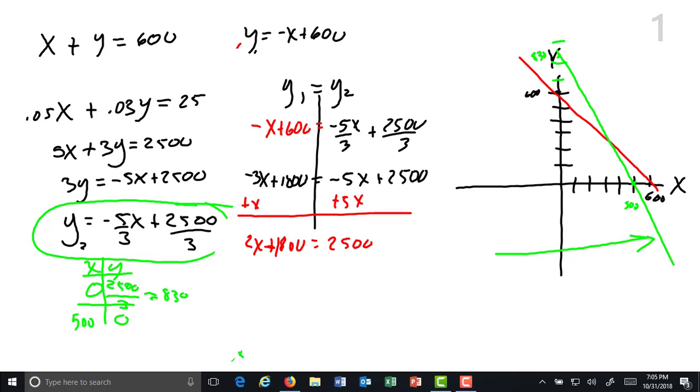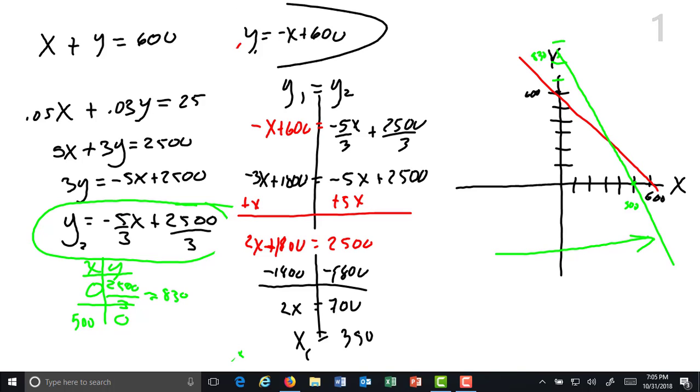So I'm going to subtract 1,800. Yes, now that's your critical value. Now I'm asking you what the y value is. So which is easier, x1 or y1 or y2? Yeah, so if x is 350, that makes it minus 350.